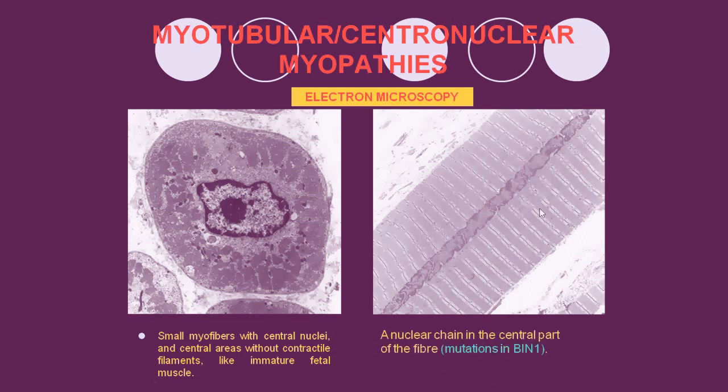Here we see central, this is called a nuclear chain, not widely spaced. It can occur in some cases of centronuclear myopathy, similar to regenerating muscle fibers.